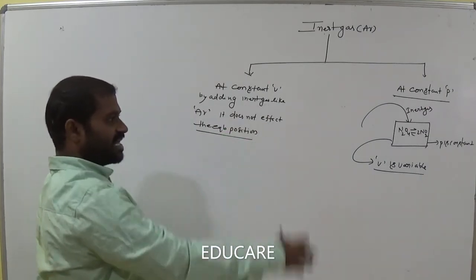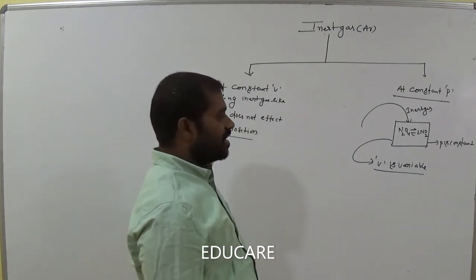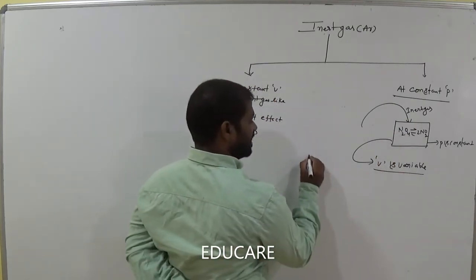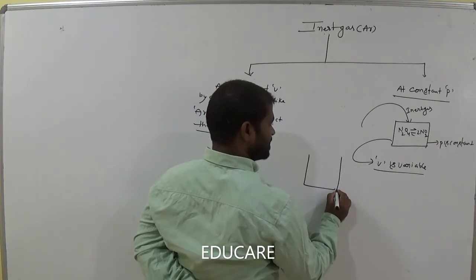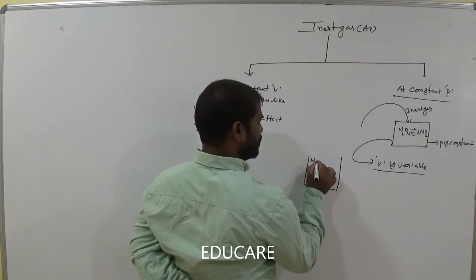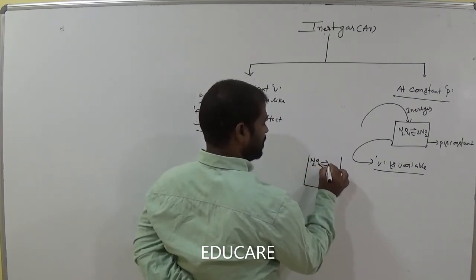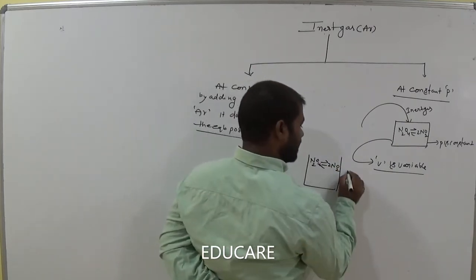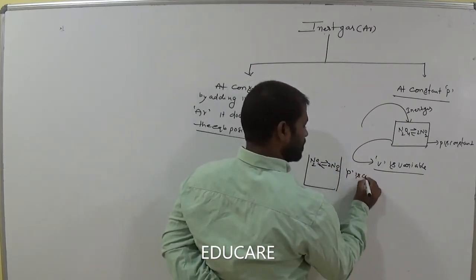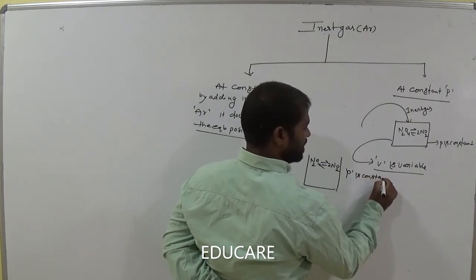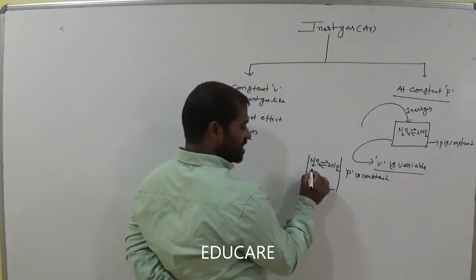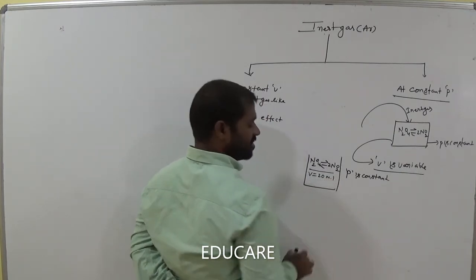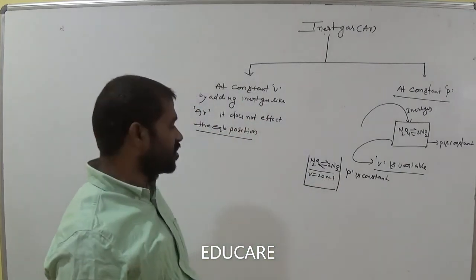When we add inert gases, suppose in this container we already have a gas mixture, that is N2O4 reversible to NO2. P is constant. Now it has some volume. Suppose the volume is 20 ml for this mixture.